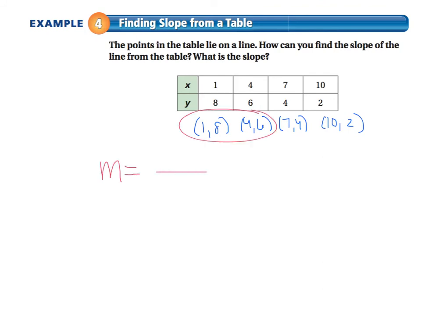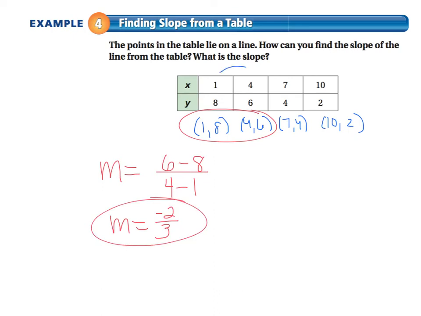m equals, if I subtract my y values, 6 minus 8, over my x values, 4 minus 1, that gives me a slope of negative 2/3. You could also do this: my change in x is 3 each time, and my change in y is negative 2.